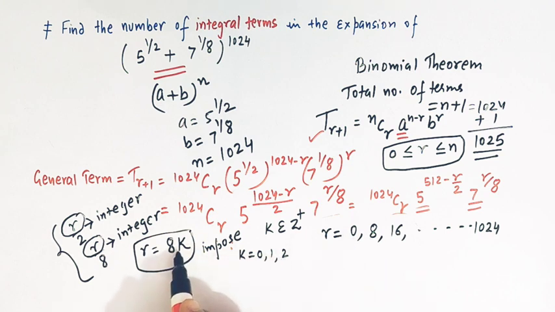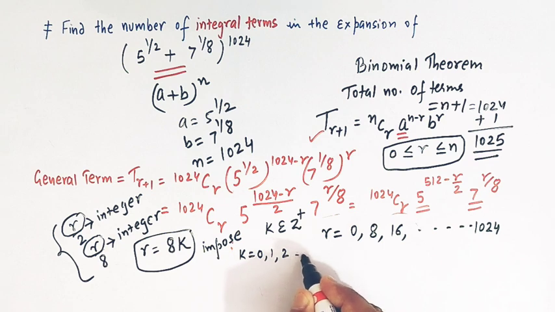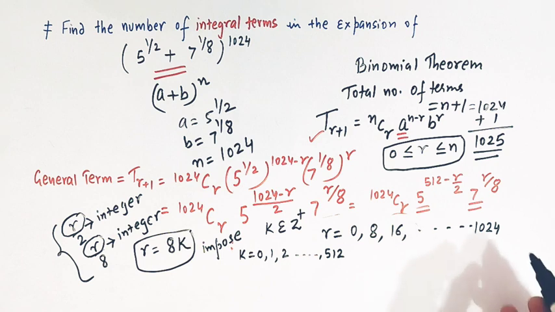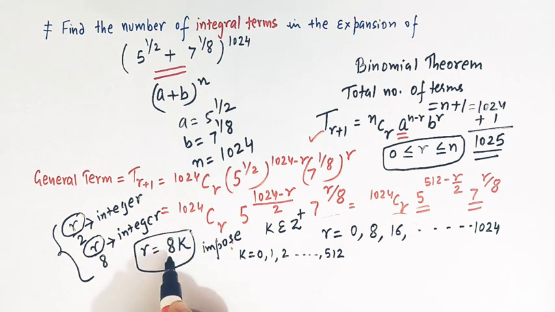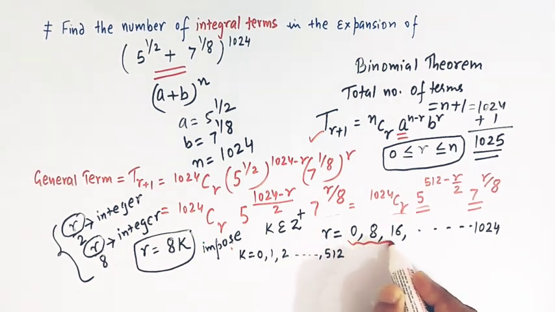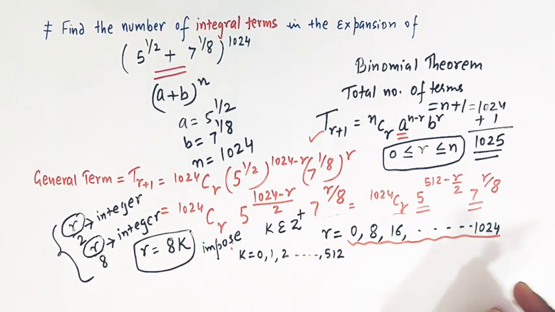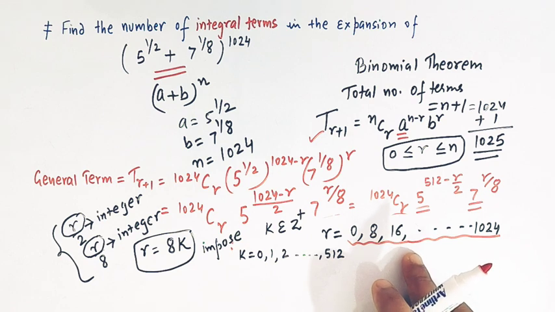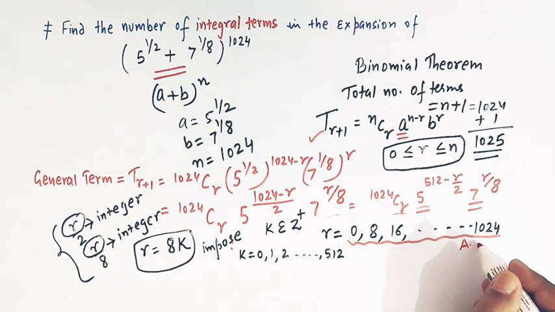When k is 2, r is 16, and so on up to when k is 512, where the value of r is 1024. Whenever r is a multiple of 8, then r over 2 and r over 8 are integers. Viewers, we see that this sequence of numbers forms an AP, an arithmetic progression.